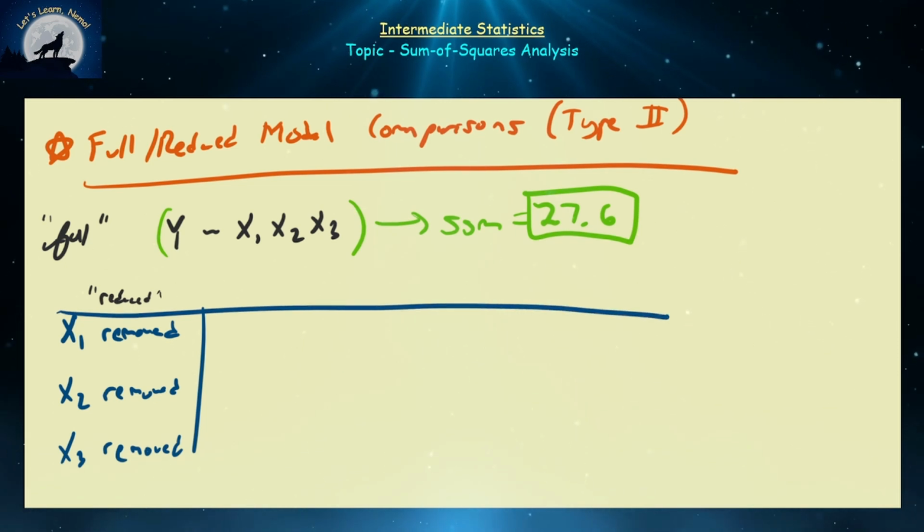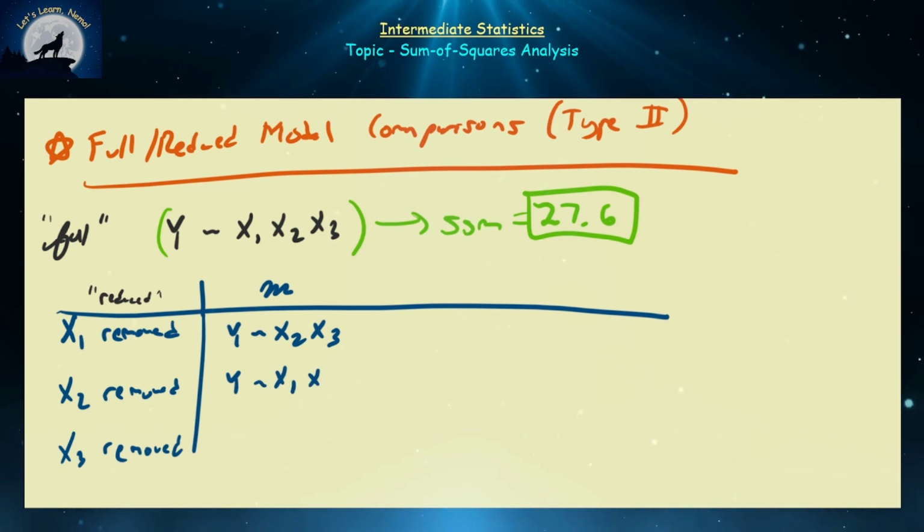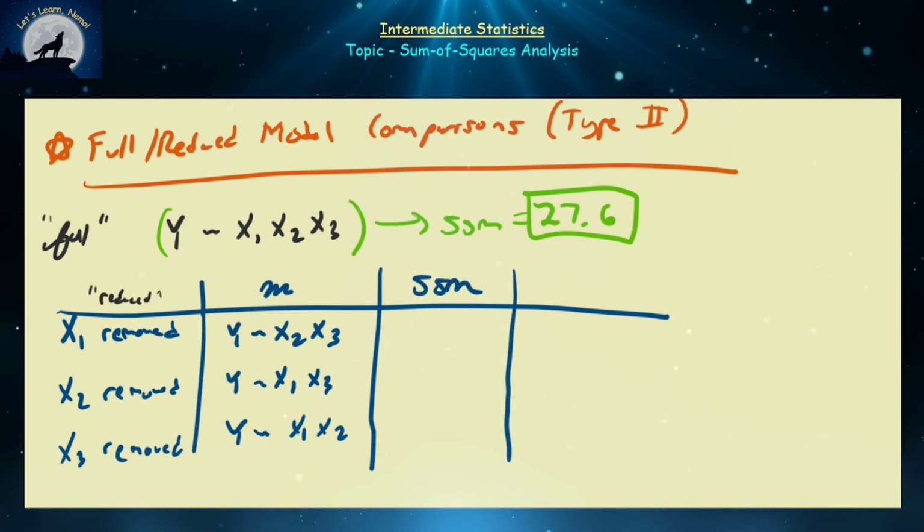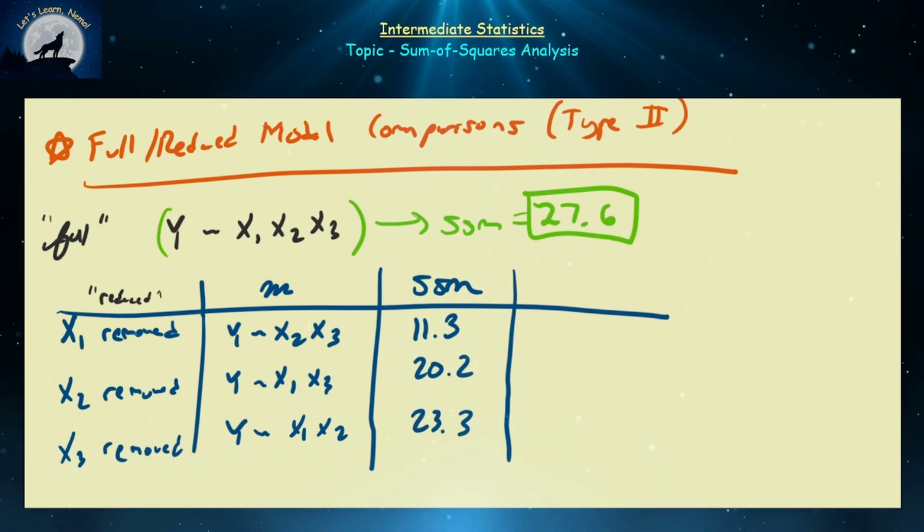So in particular, if you remember, for example, from AV plots or partial f-tests, the model that we're going to be interested in is y regressed against x2 and x3. This is going to be y regressed against x1, x3, and this is going to be y regressed against x1 and x2. So obviously you can easily calculate the SSMs for each of those particular models, and one can find that this is going to be equal to 11.3, 20.2, and 23.3, let's say.